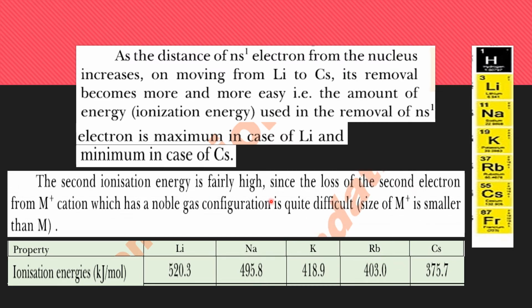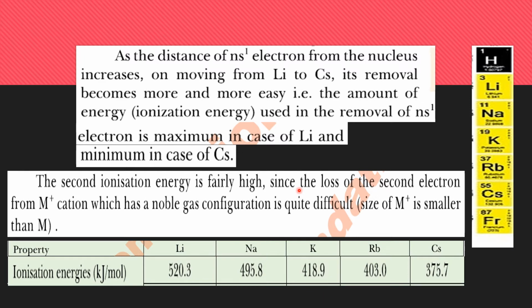Now when we want to remove the second electron, what happens? In the case of the alkali metals, there is only one electron in the valence shell. So when one electron is removed from the valence shell, that shell is ended, and the second ionization energy means the energy required to remove the second electron from the outermost shell.